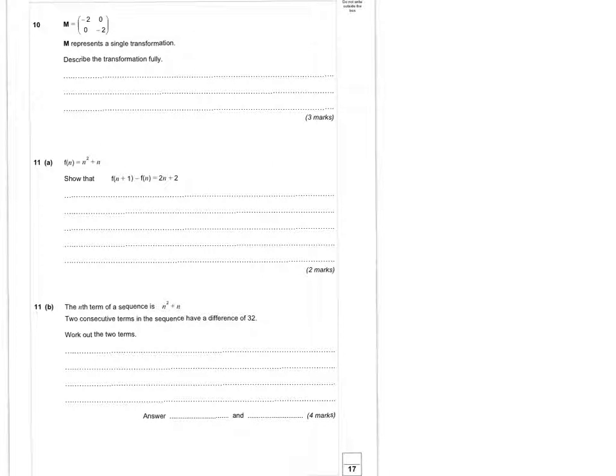Question 10. M equals the matrix -2, 0, 0, -2. M represents a single transformation. Describe fully the transformation. Okay, well, I know that 2, 0, 0, 2 is an enlargement, scale factor 2.